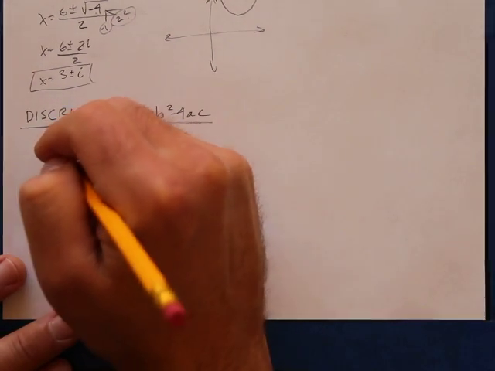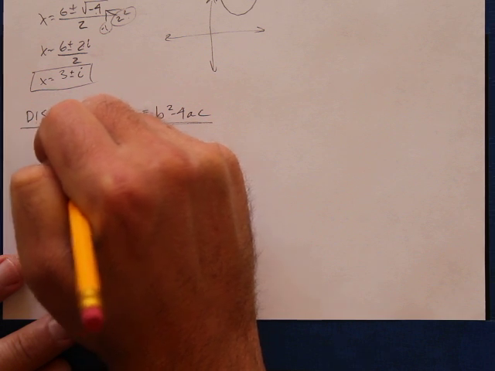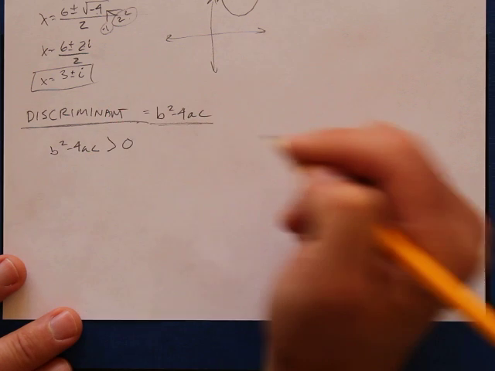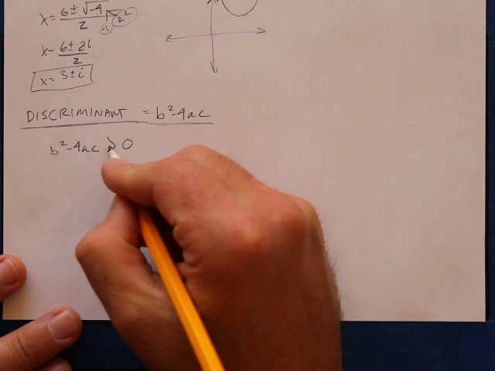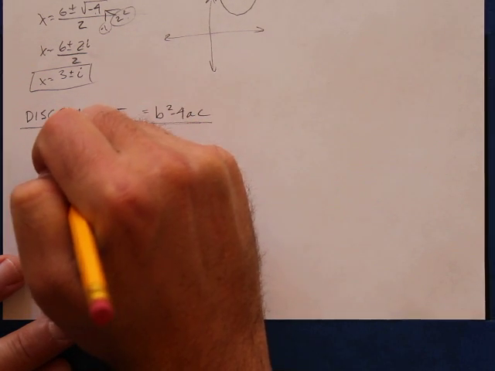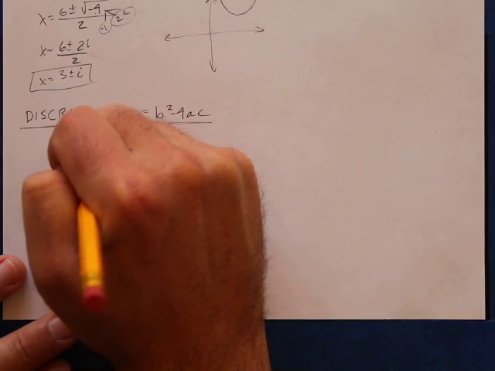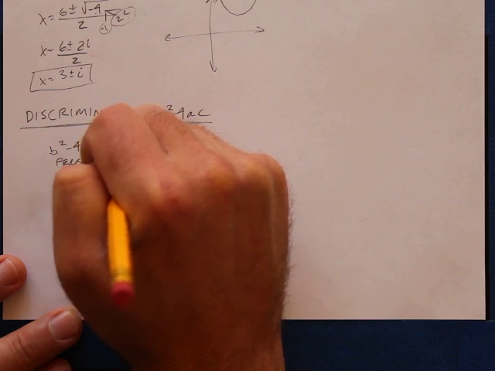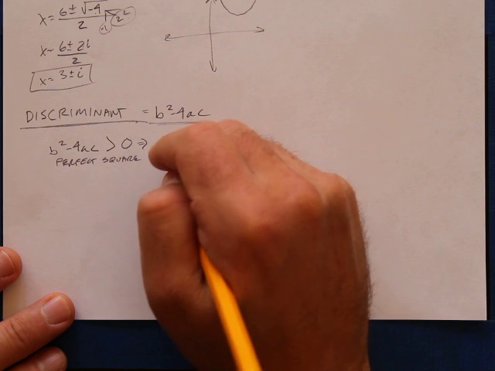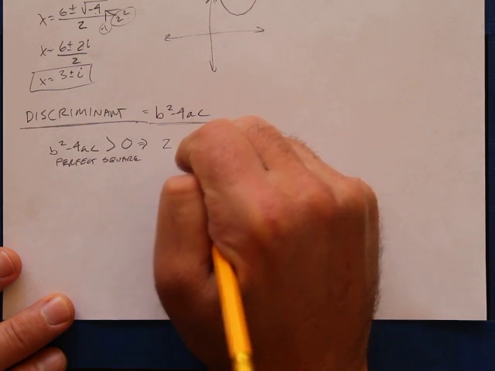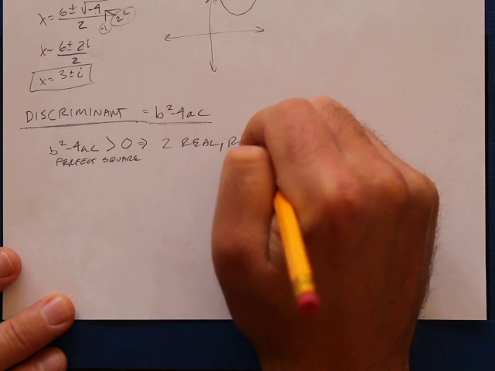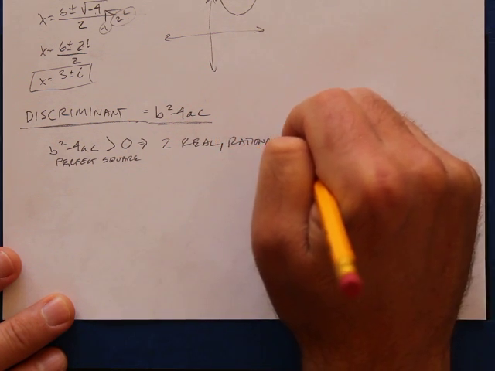So if I have b squared minus 4ac greater than 0, so if my discriminant is greater than 0 and is a perfect square, then I know I have two real rational roots.